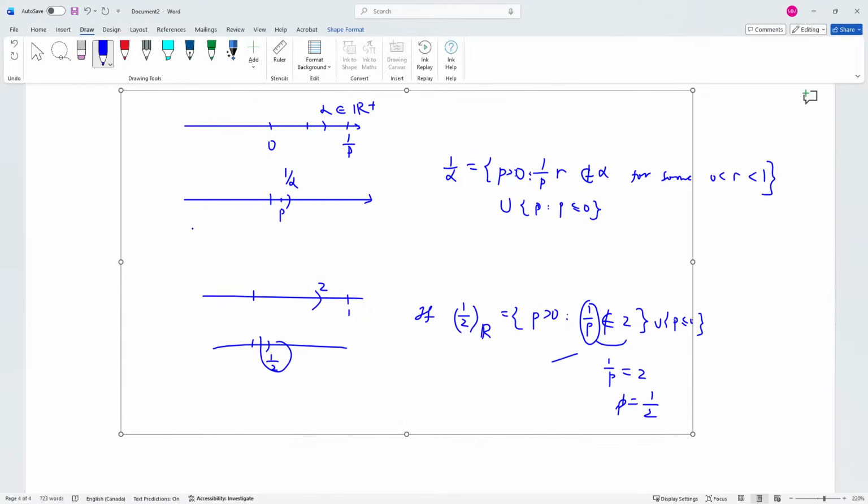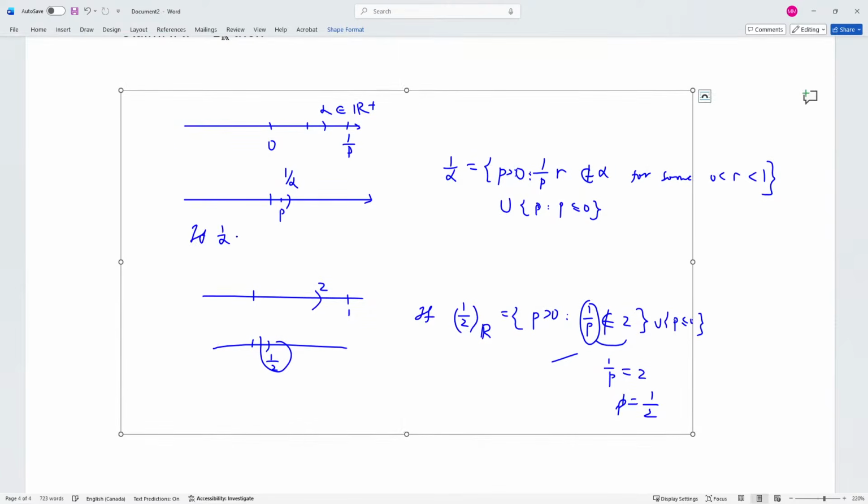Let's try to prove that, okay? If 1 over alpha is just P such that P is less than or equal to 0, that's the only way it would have no positive.